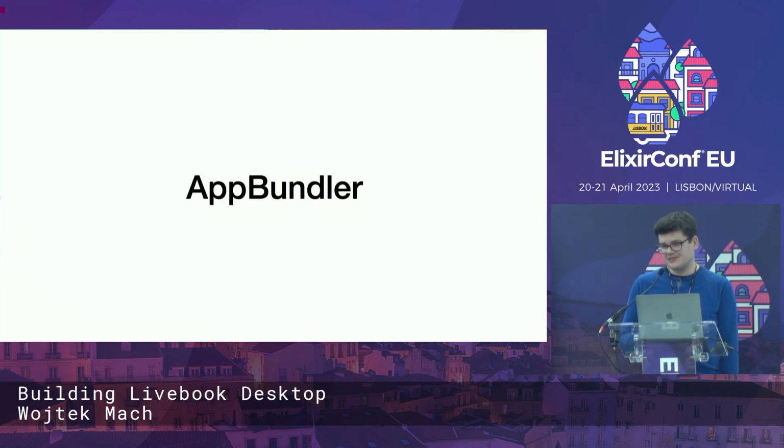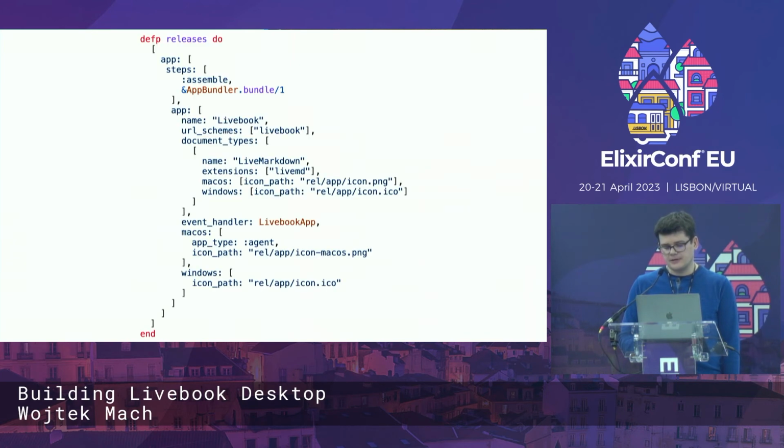So basically bundling the code, the OTP, Elixir, and all. We came up with this declarative configuration. So we hook into Elixir releases. In the steps, after the assemble step, we basically bundle up the release. And this is just plain configuration in your mix.exs.